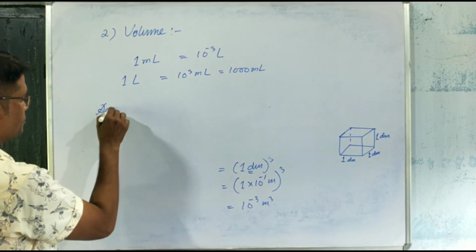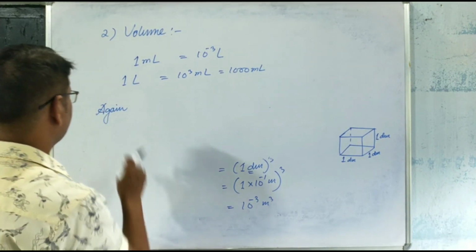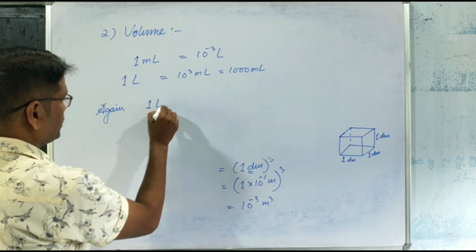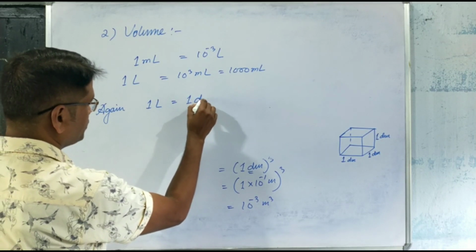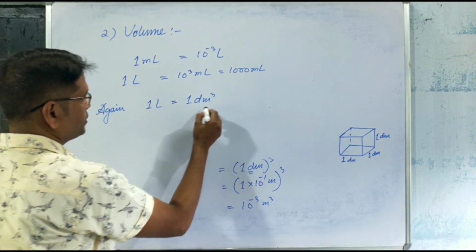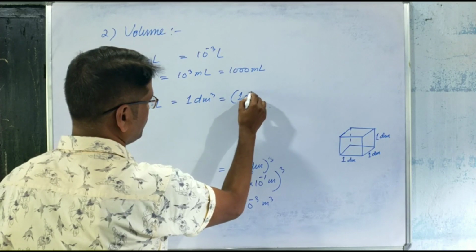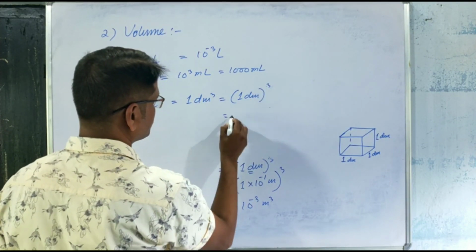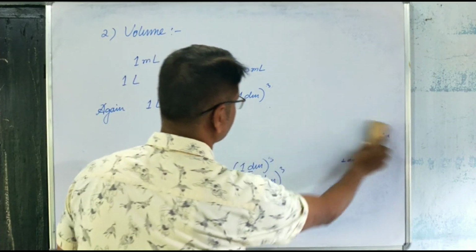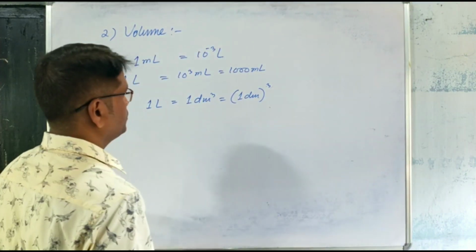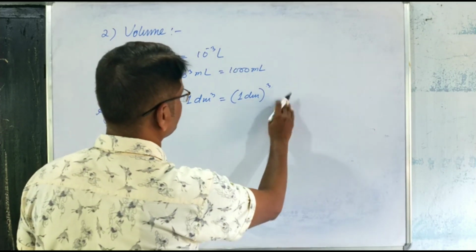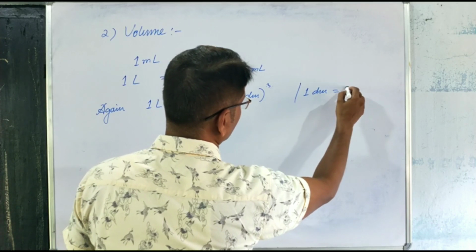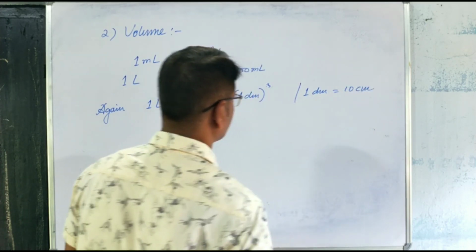Again, 1 liter is equal to, we have found 1 decimeter cube. That means 1 dm whole cube. Again, 1 decimeter is equal to 10 centimeter.